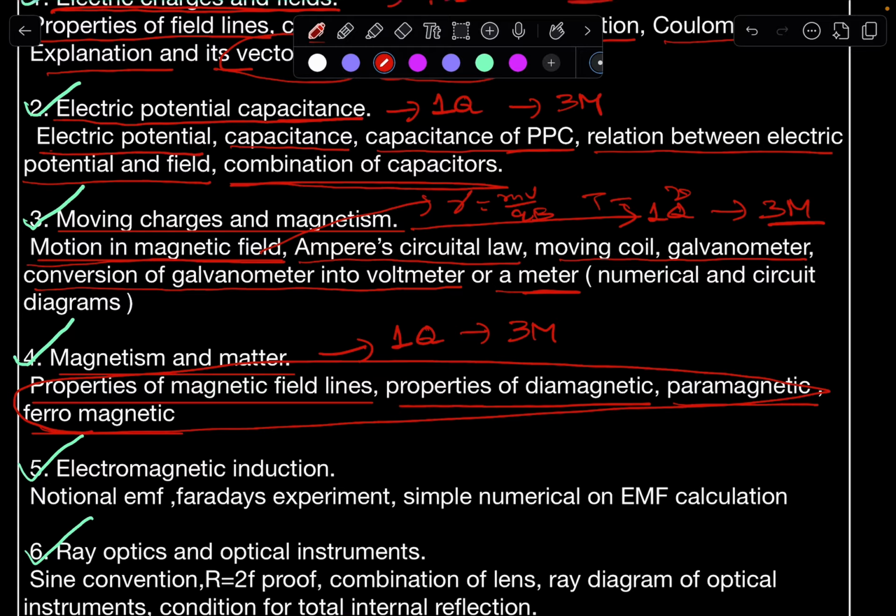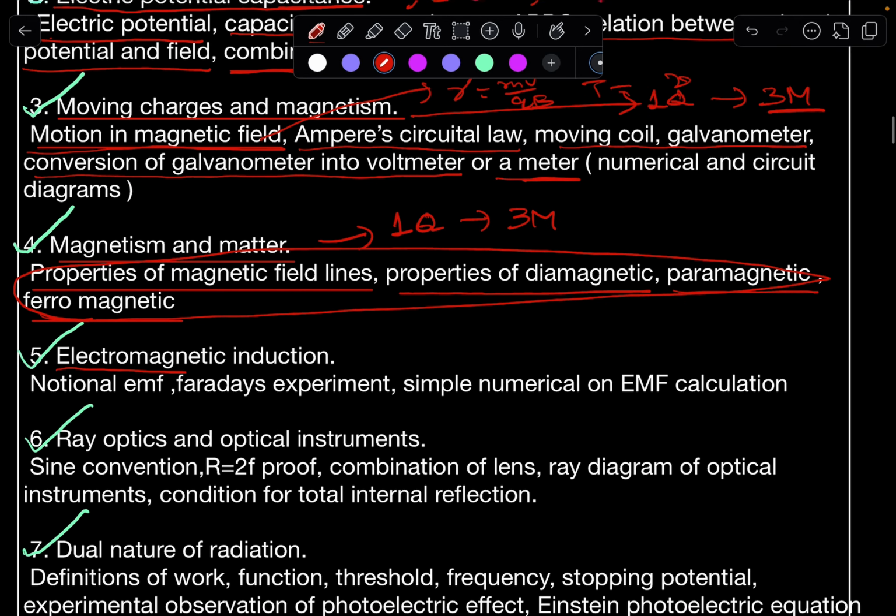And the next one, if you again want a theory part or derivation, you can select electromagnetic induction. What are the topics in electromagnetic induction? First one is motional EMF. Motional EMF means the derivation of E is equal to BLV.